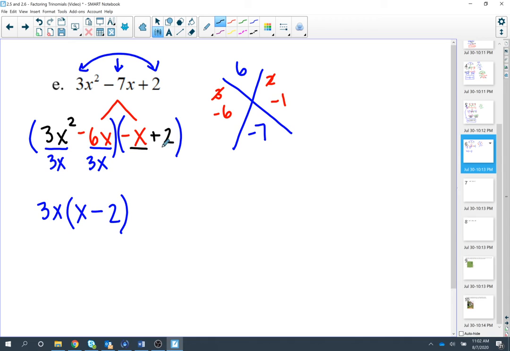Next one, negative x positive 2. And not a whole lot, but do you notice what kind of x this is? I really don't like that being a negative x. Negative 1. Recorded as a negative 1, which is going to flip that to x minus 2, which is good because now I have an x minus 2 and an x minus 2.